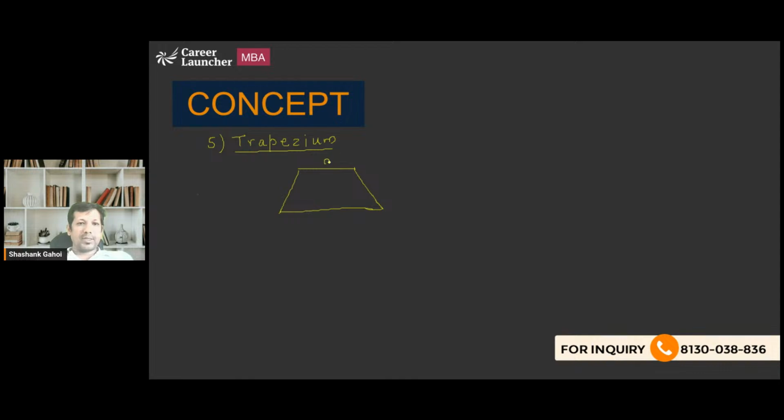So this side is parallel to this side. Okay. I'm joining the diagonal and let's call this side A. Let's call this side B. And the perpendicular distance between both the parallel sides is h. So the area of this is given by half into the distance between parallel sides into the sum of parallel sides. So this is a trapezium. Okay.